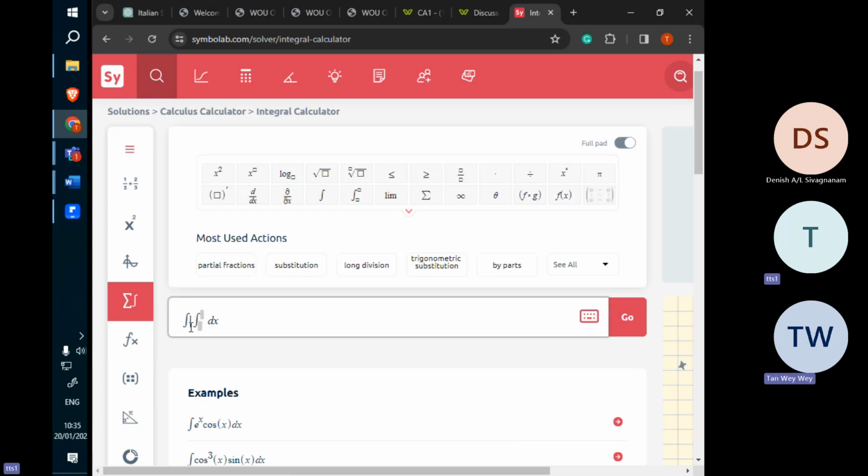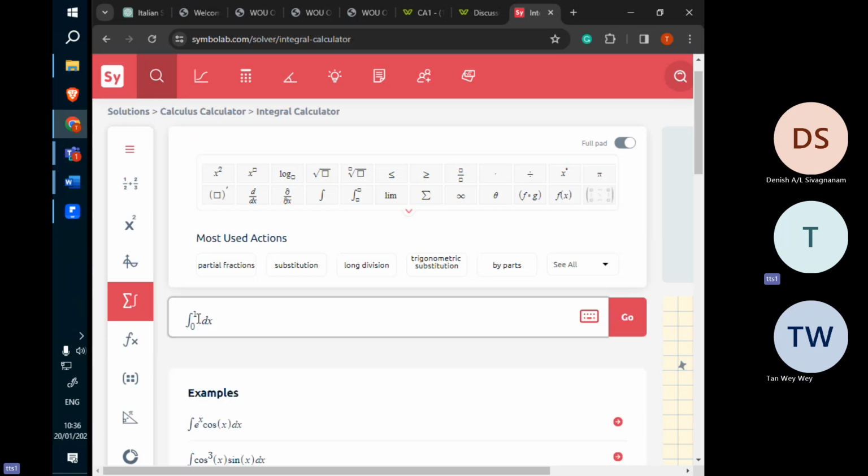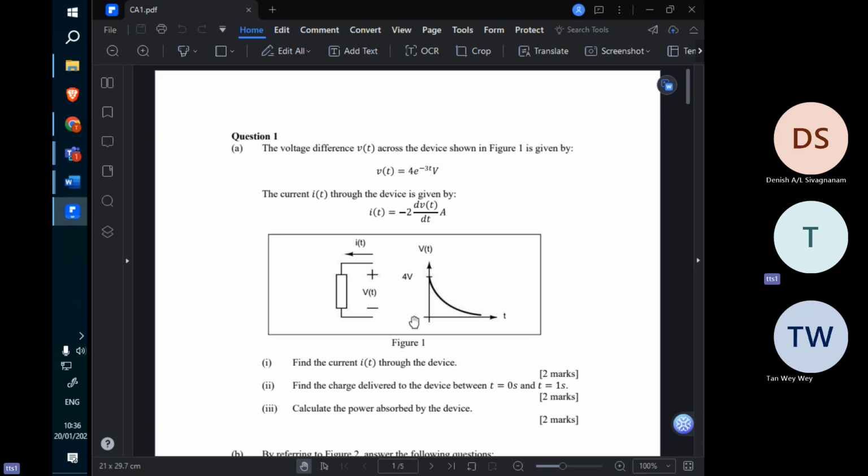The integral from the initial time, we put 0 here. And to 1. Okay, simple, 0 to 1 only. So we need to do the integral of this equation. Okay. This term.